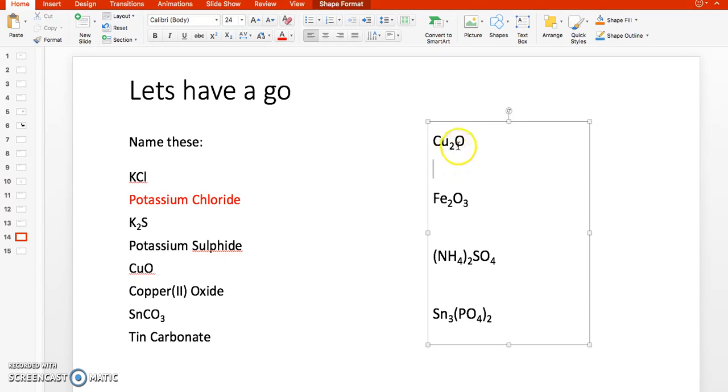So in this case, we know that the O has a charge of -2, and from this we can infer that the copper must have a +1 charge because it requires 2 of them to balance out the -2 charge from the oxygen, and therefore it is copper 1 oxide.